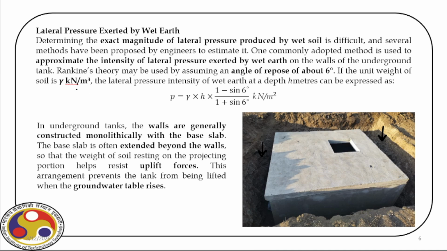Now for that, we use Rankine's theory. If the density of the soil is gamma, then the intensity of the lateral pressure at a depth h meter can be expressed by this equation.